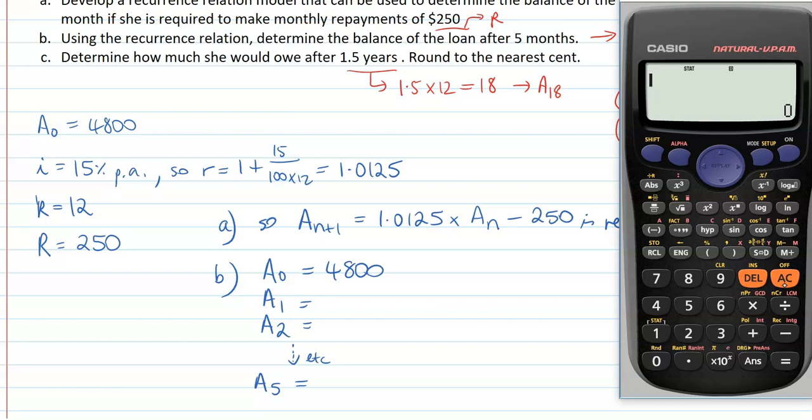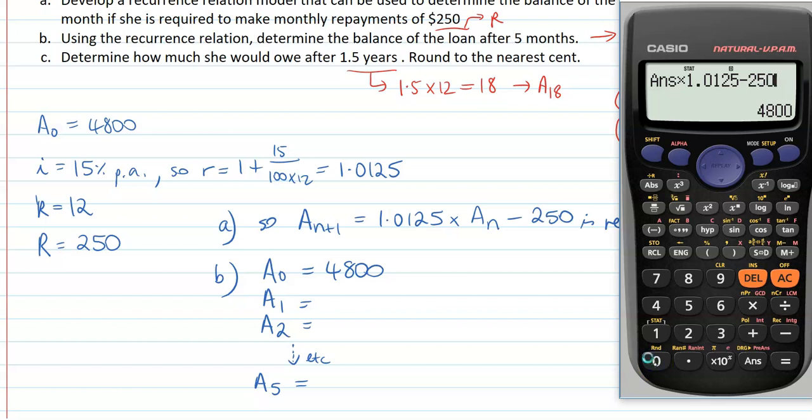Again, we'll set this up in our calculator so we can easily apply those recursions. So as I showed you earlier, enter in your initial borrowed amount, which is 4,800. Then to make the calculator do the work for you, simply press the answer times your rate, which is 1.0125, and subtract that repayment of $250.